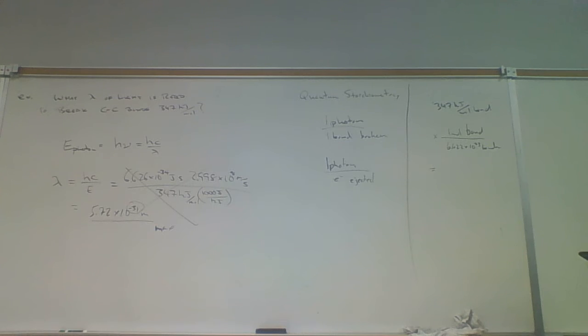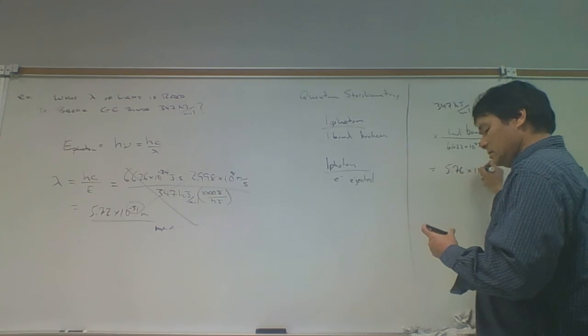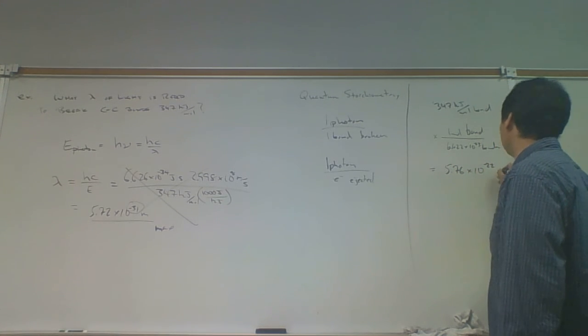So we'll get 347 divided by 6.022 times 10 to the 23rd. 5.76 times 10 to the minus 22 joules.